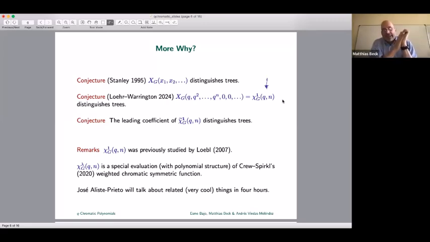Again, you could say that a lot of what we're doing should follow from this older work, but we're really focusing on this polynomial structure. And it's not a viewpoint that Logan and Sophie had. I also want to advertise Jose's talk in a little less than four hours. He will talk about related aspects.